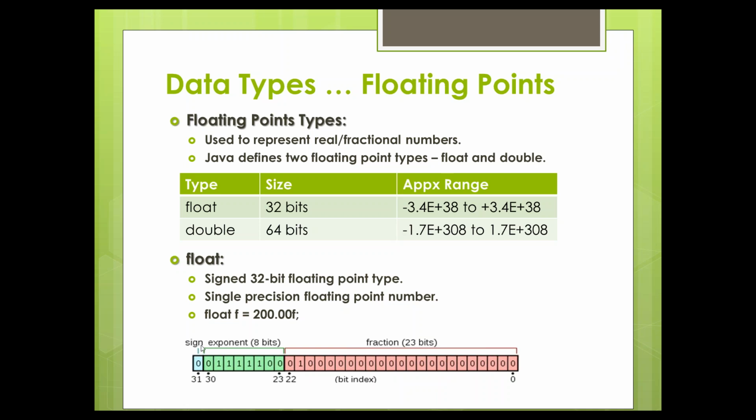Similarly, in float also, the most significant bit is used for sign. Then bits 30 to 23 are used for your exponent part, and bits 22 to 0 are used for your fractional part, whatever fractions you see here.